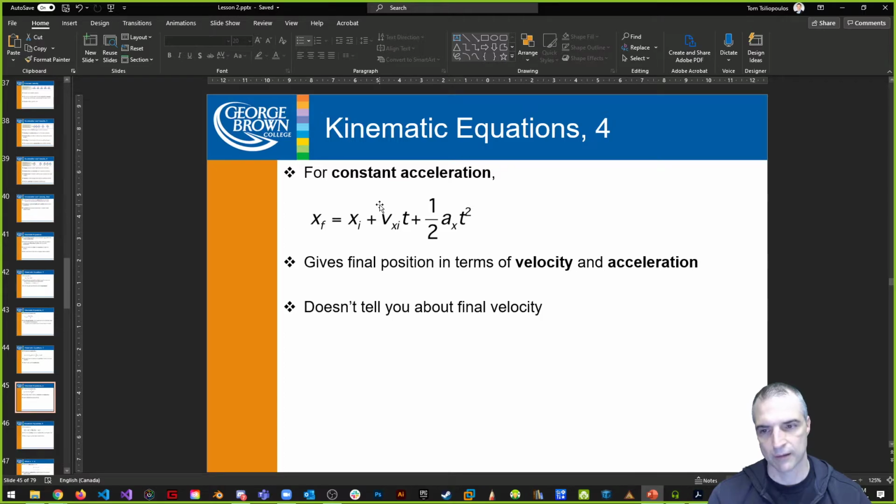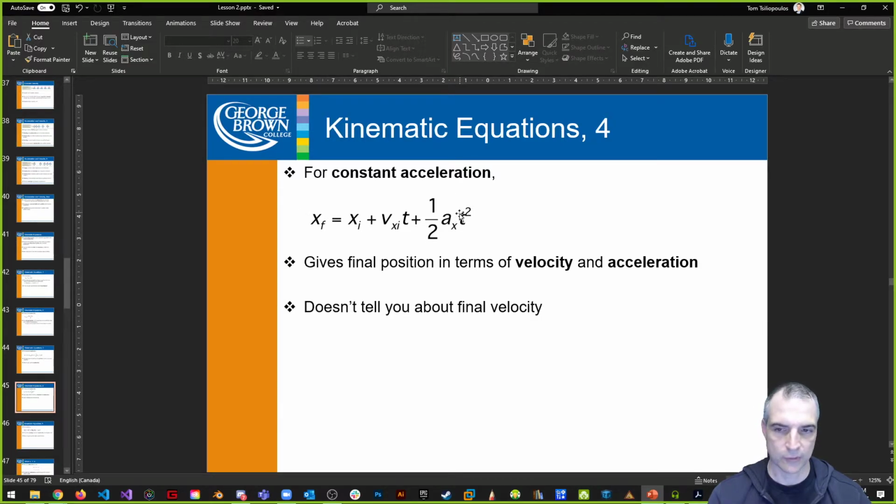So I would take my initial velocity, 10, times 2, that's 20 meters. If I have a constant velocity, so no acceleration, then acceleration becomes 0, and now I've traveled 10 times 2, which is 20 meters. That's my final position, 20 meters away from the origin.